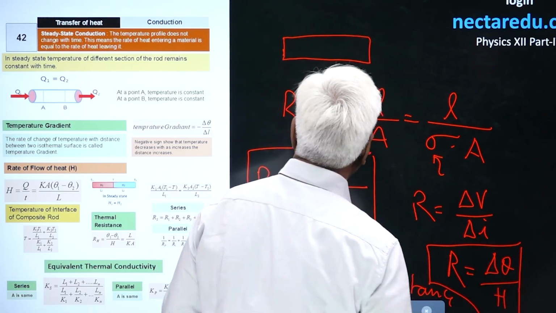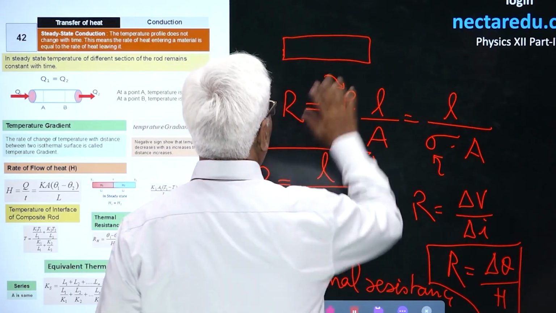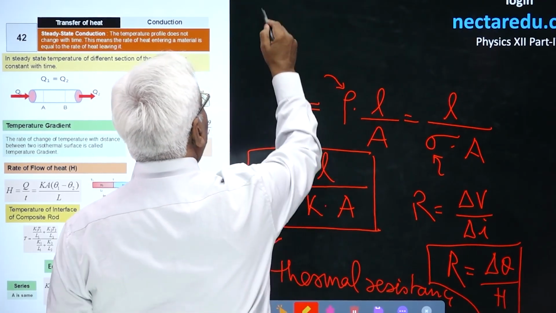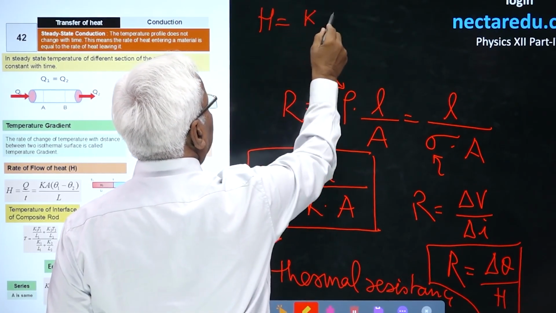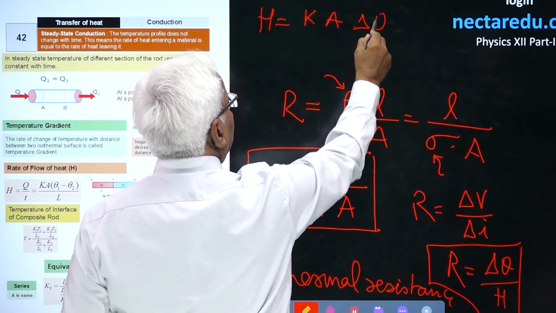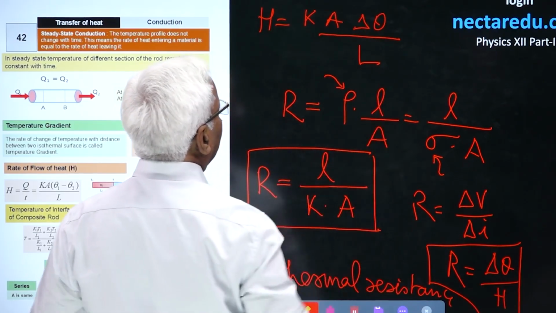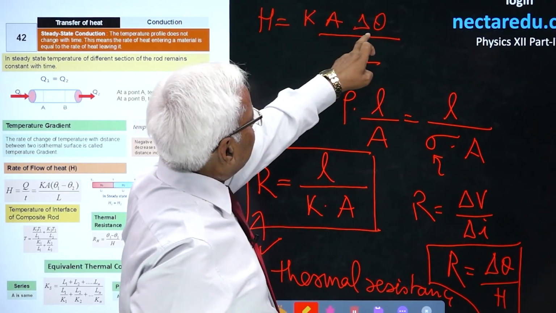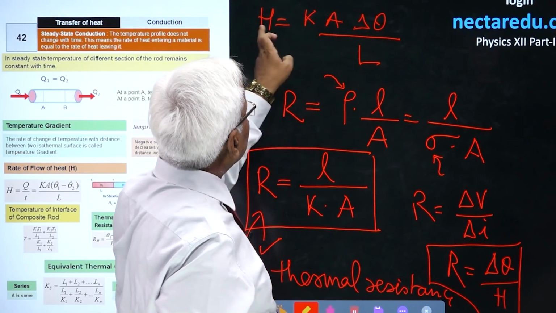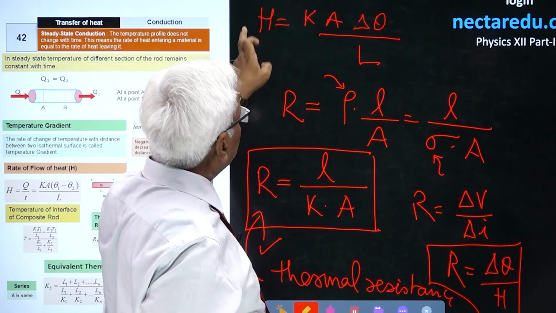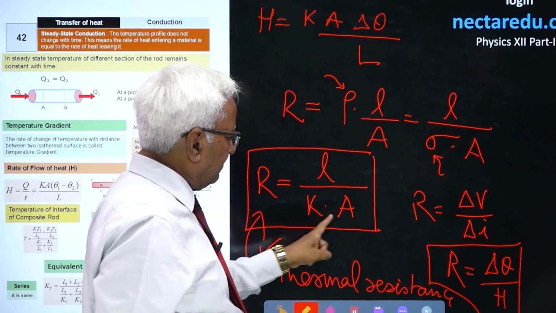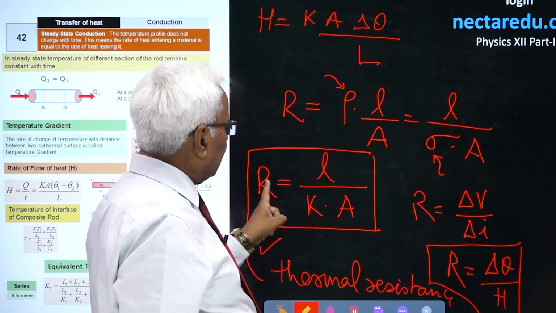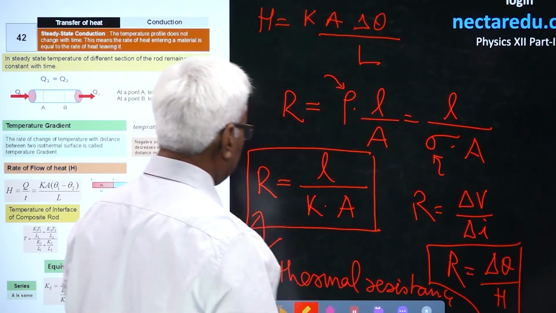If you take the ratio of delta theta and H, already H is given by K A delta theta upon L. You see, if you take the ratio delta theta by H, it's going to be L upon K A. That is what exactly we have written. So you get this relation for thermal resistance.